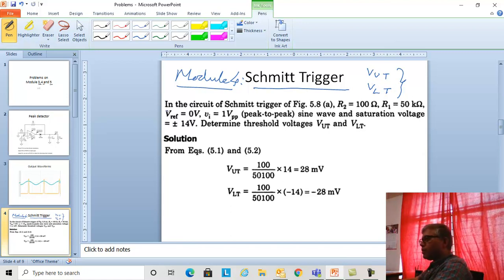In this circuit, I have not shown any Schmitt trigger circuit, but you can assume that you have a Schmitt trigger circuit like this. For example, my input goes in here, and that's your circuit.